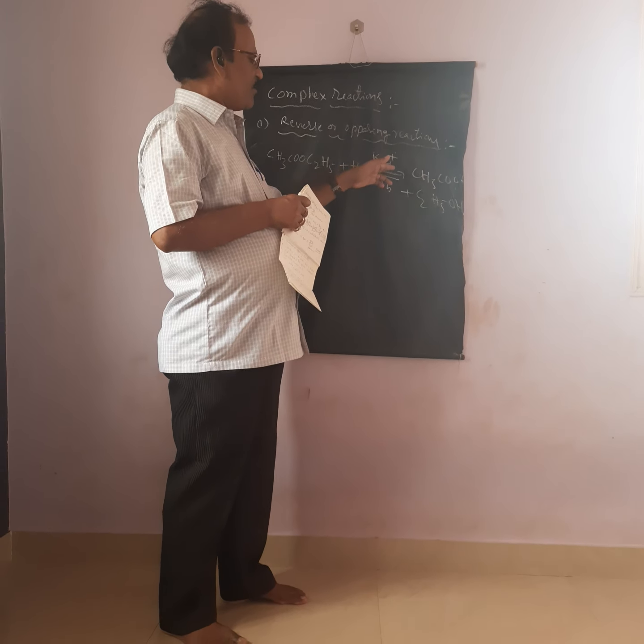If the reactant gives more than one product, A gives products B and C with rate constant K1 for B and K2 for C, then such reactions are called competing or parallel reactions or side reactions.